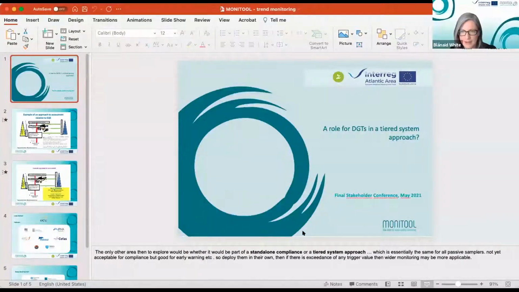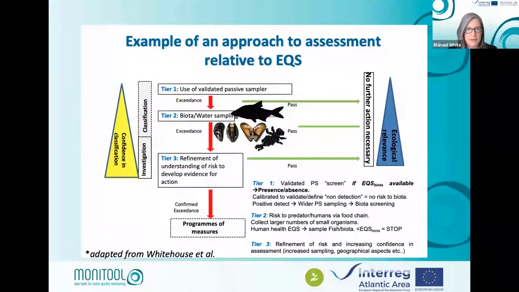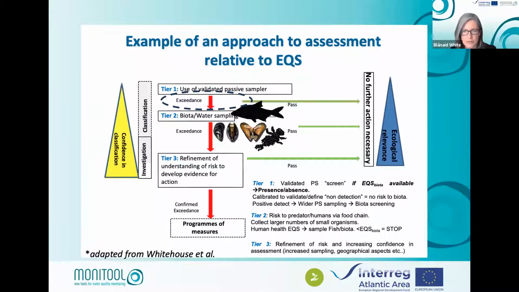So this is around where the role of DGTs might be in a tiered system. As an example, we would consider using validated passive samplers in tier 1, and use those to define where there is a positive detection.